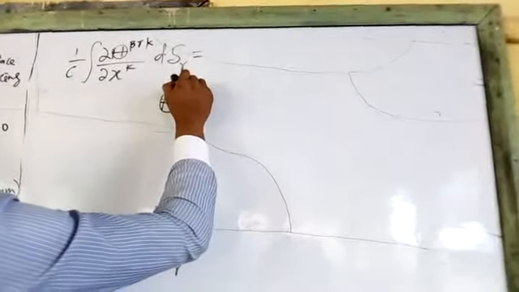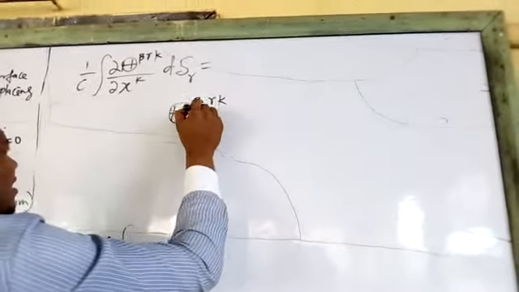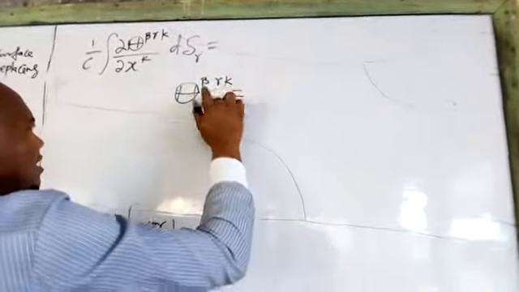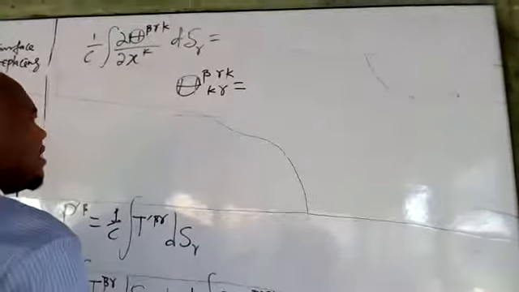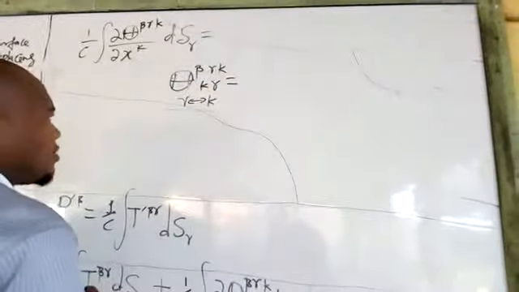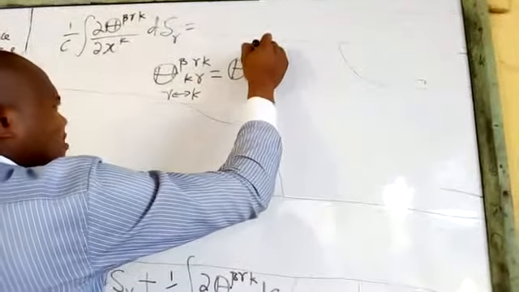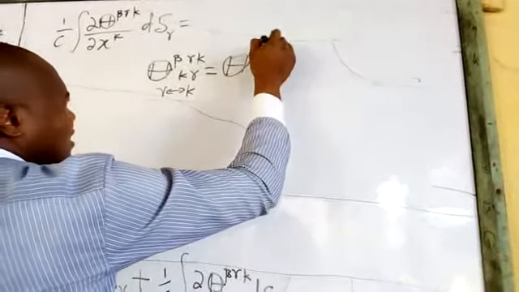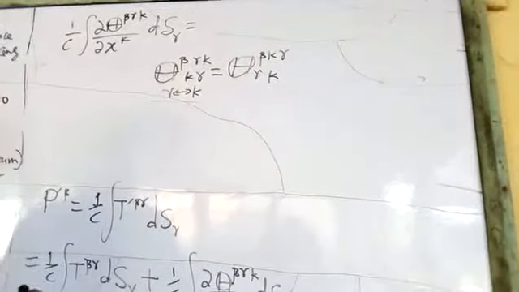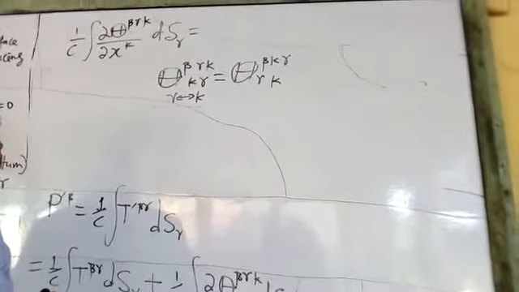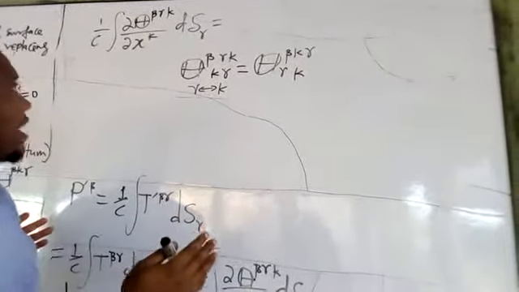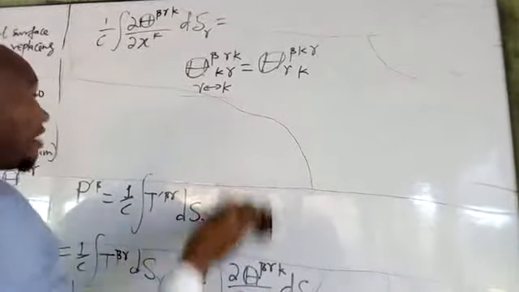If we have something like theta beta gamma kappa, this is the same thing as interchanging gamma and kappa, theta beta kappa gamma. These two are the same, in the sense that I've simply interchanged two dummy indices. And this has been a trick we have used over and over again.